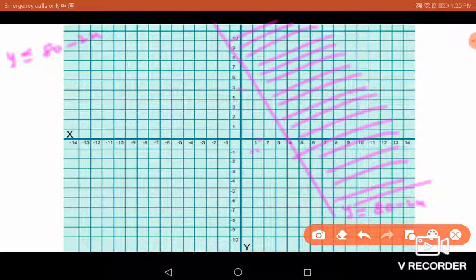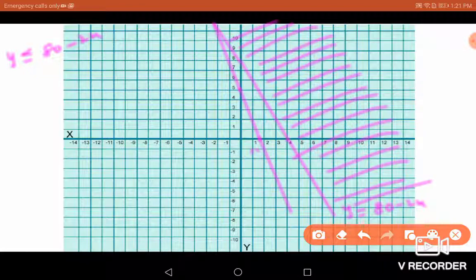So we start a line through this point and this point, and you can extend this one.